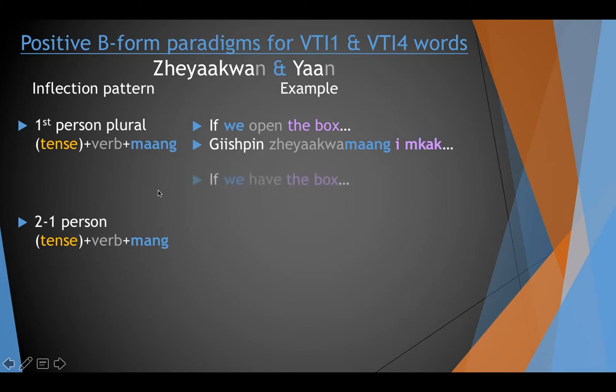Next one, if we have the box. So I'm going to give you guys a few seconds to formulate your own translation for this one. See if you can do it on your own. So everything on the screen is all you need to translate this clause.